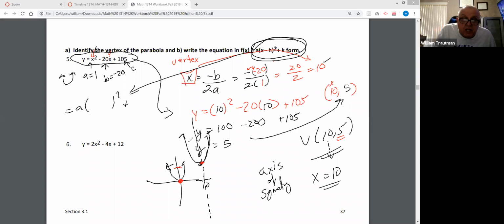So up 5 means you have to put a plus 5 on the outside. That's where the original went up 5. On the inside, we went to the right 10 spots. There's an X in there. To the right, remember, to the right is a negative. And we put the 10 in there.